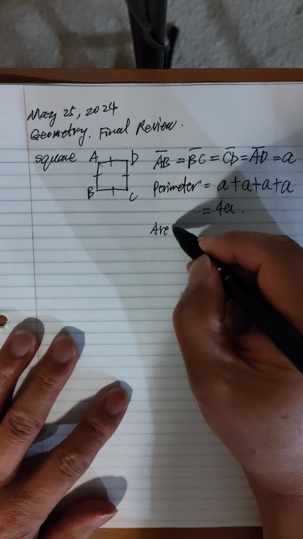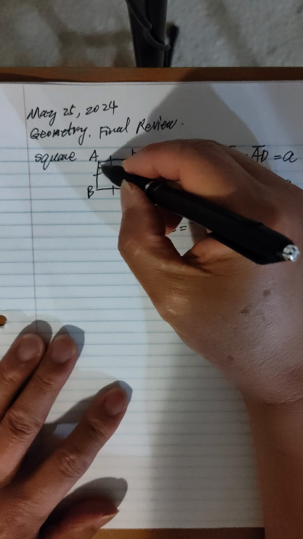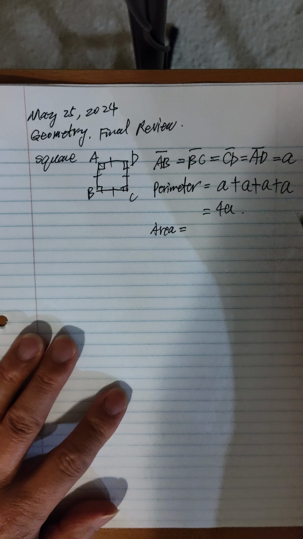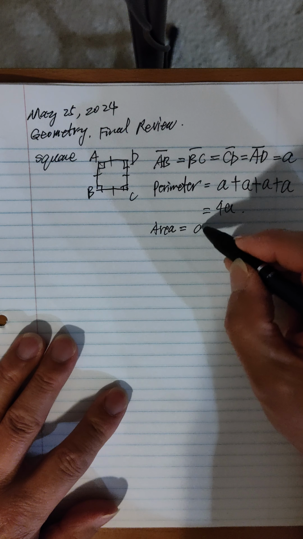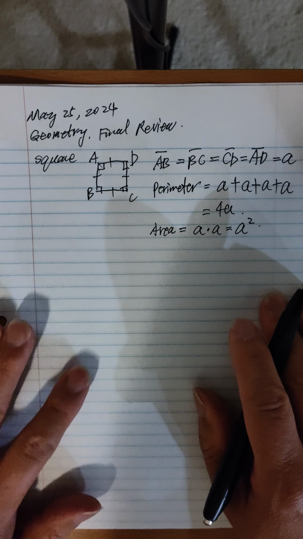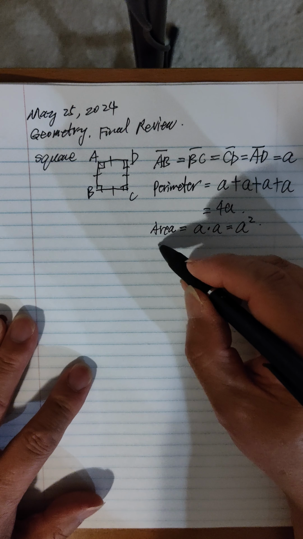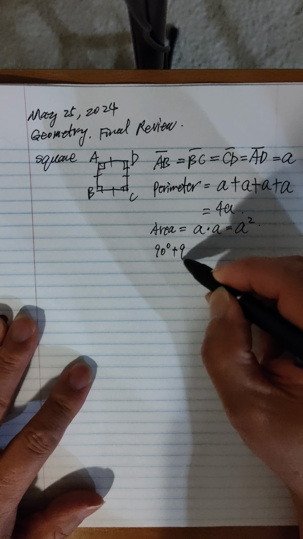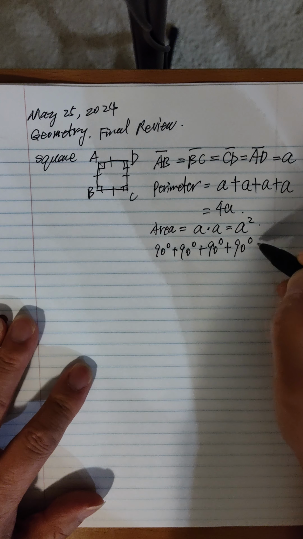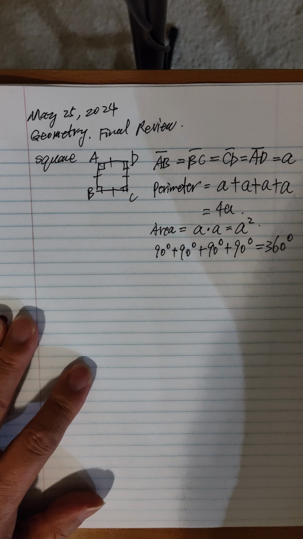The area of the square is going to be, by the way, for a square the angle is 90 degrees. The area is going to be A times A, which is A squared. Again, if we look at the angles, the sum of all the interior angles is 90 plus 90 plus 90 plus 90 degrees. So 4 times 90 is 360 degrees.